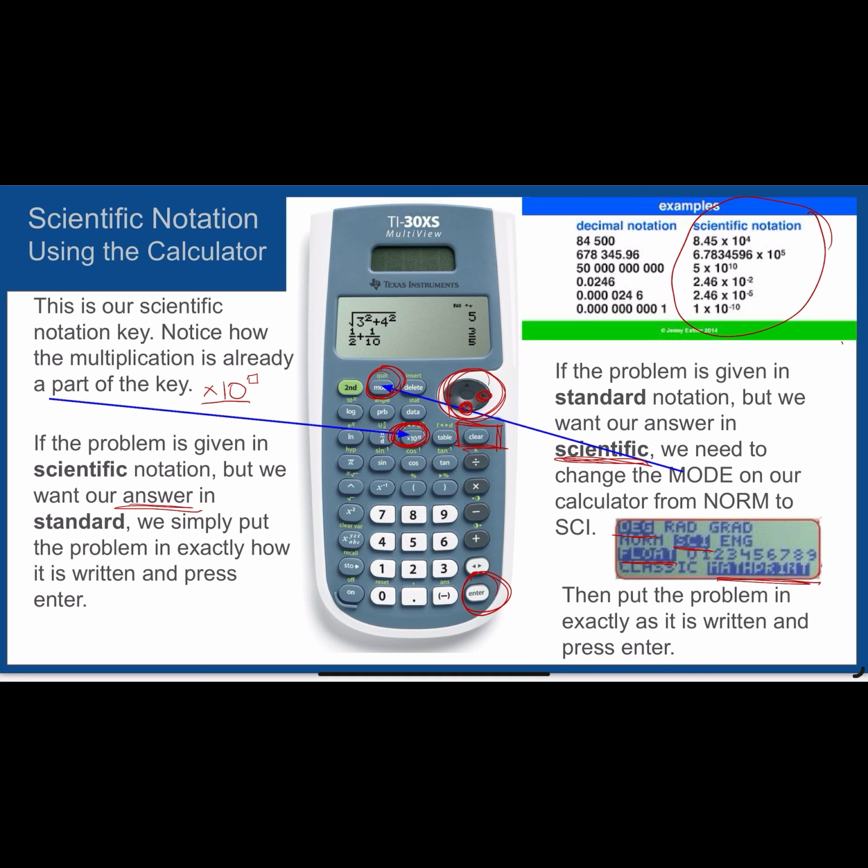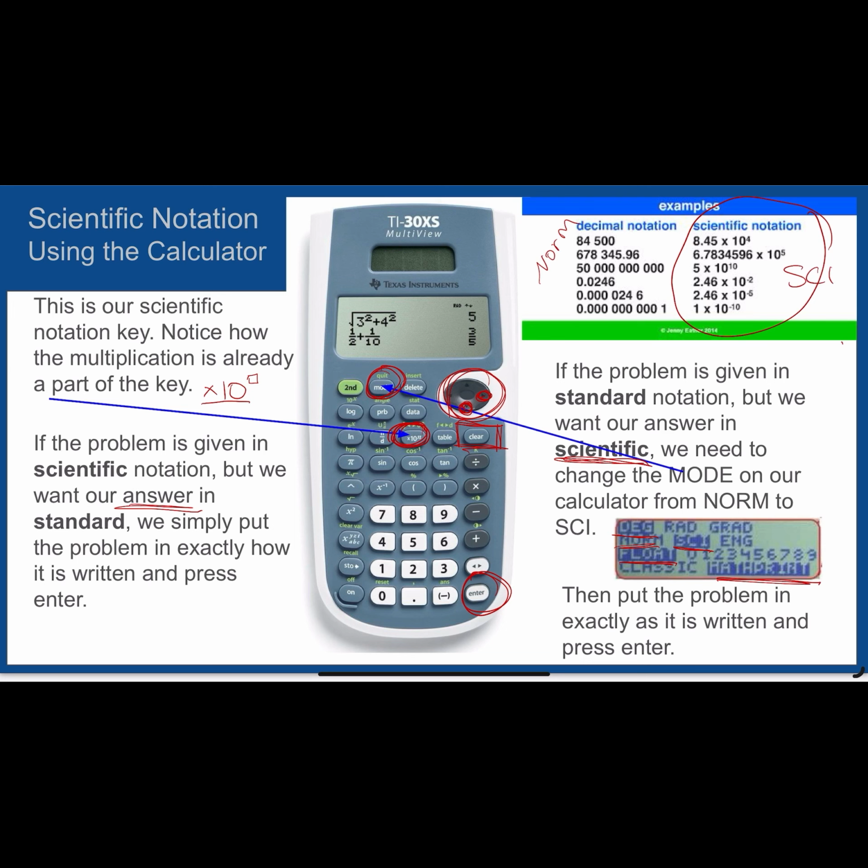So go ahead and try that a couple of times, switching between normal mode and scientific mode. And remember, it's all about what format your answers are in. If it's in a decimal or an expanded form, then we want to be in norm. If it's in scientific notation, we want to be in psi.